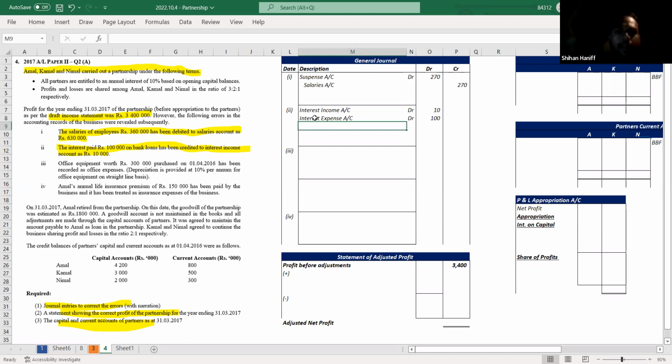So we assume that that is correct. Okay, so the opposite account is suspense. Total 110. We have to credit suspense account 110. Interest paid credited to interest income account. They are mentioning only about interest income account. Therefore, we have to adjust it to the interest income account and interest expense.